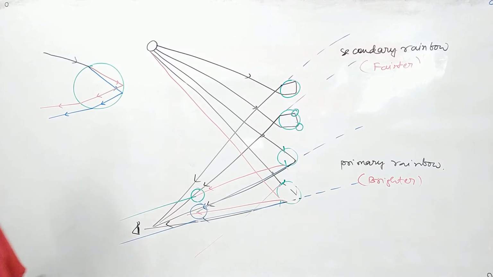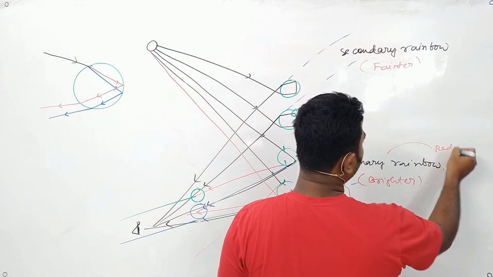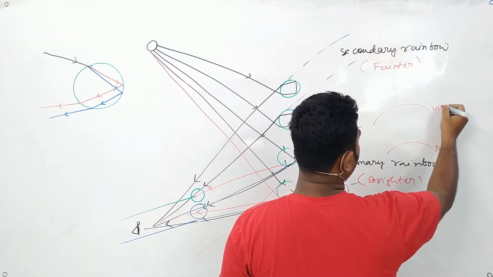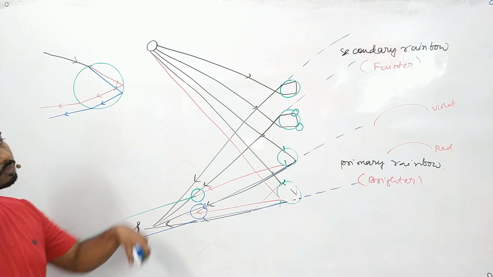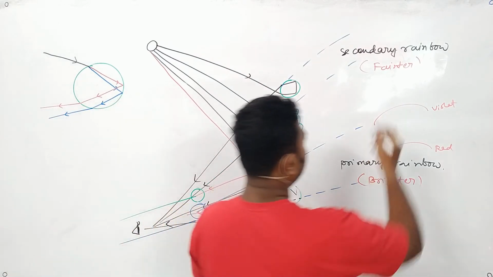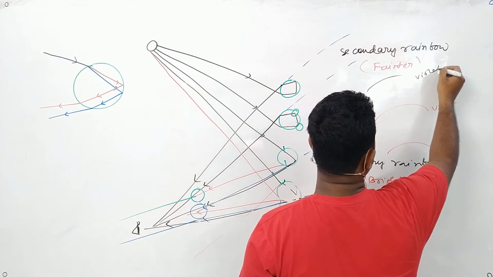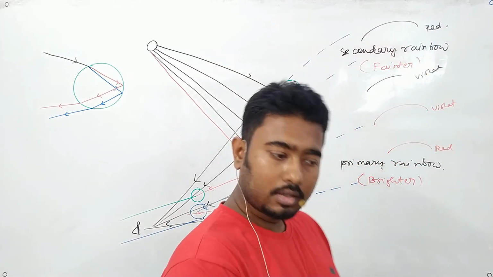So in case of primary rainbow, the lower portion will be red, the upper portion will be violet or blue. Okay. But the case is different with secondary rainbow. In case of secondary rainbow, the lower part will be violet, the upper part will be red. Okay. Write this down.